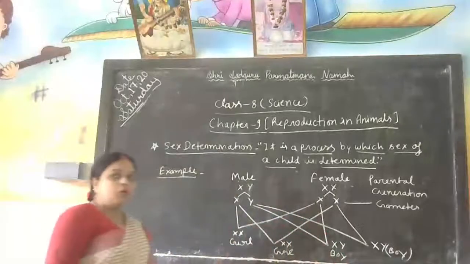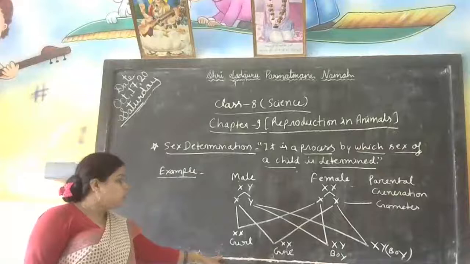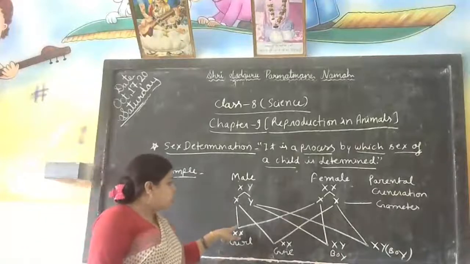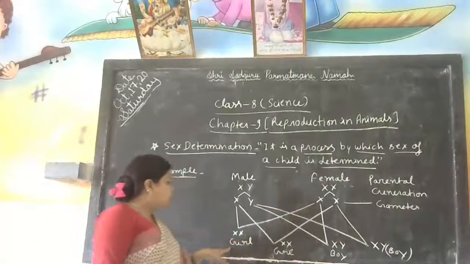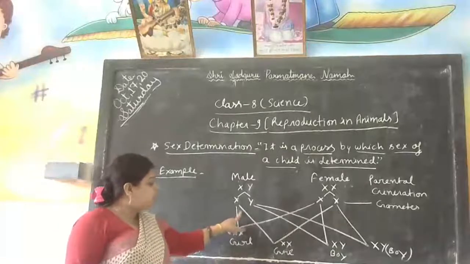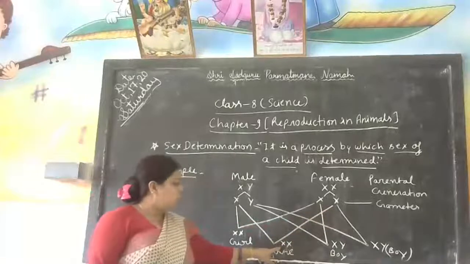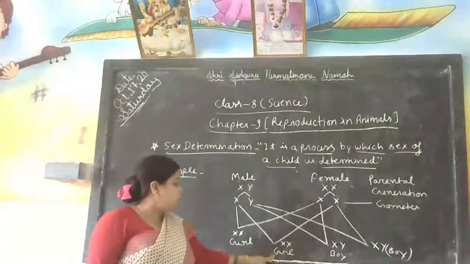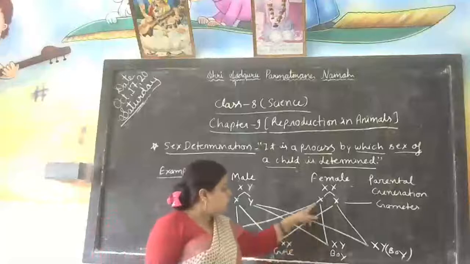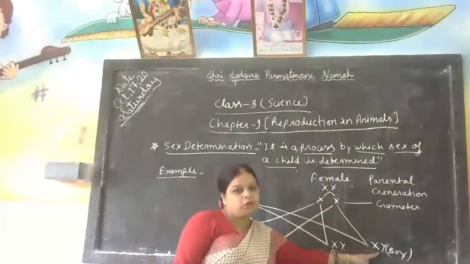Okay, so you got it. When X is fused with X, then the baby will be a girl, XX, and then this X fuses with X, the second gamete. The baby will be XX, girl child. Y fuses with X, boy child, and Y fuses with X, again boy child.